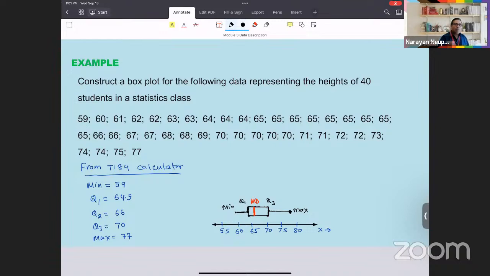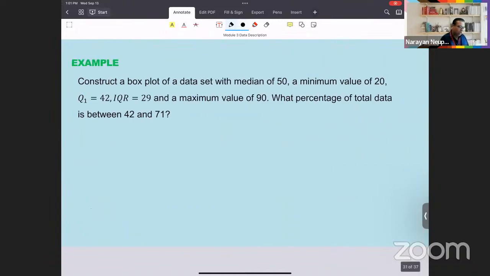Great. Now we'll do one more example before we call it a day, because we want to finish everything from the quartiles. So here is that last example. Here also we are asked to construct the box plot. Construct a box plot of the data set with the values given there. In this one they have not given the data, but they have given the values.